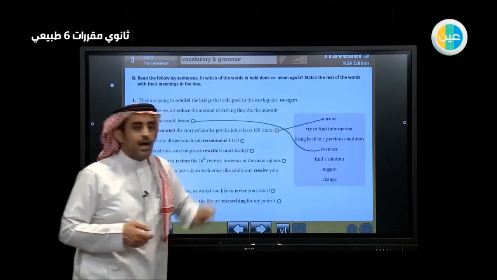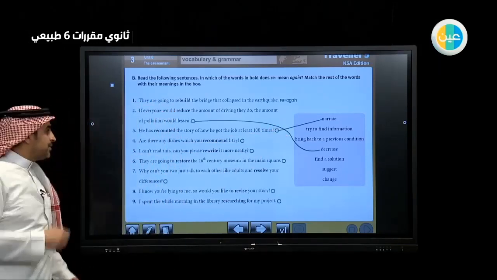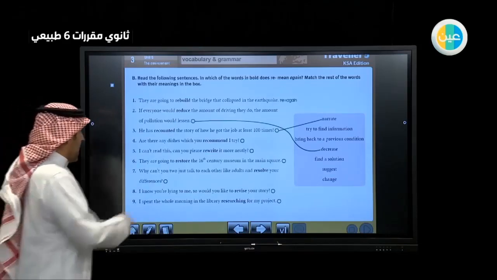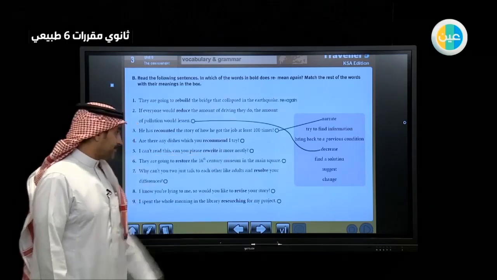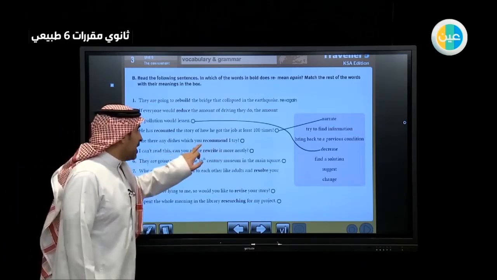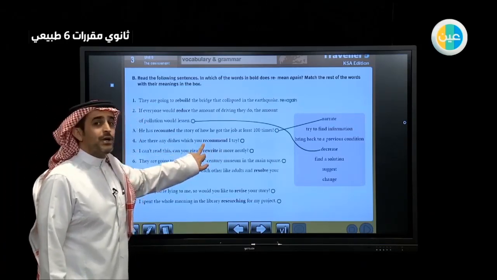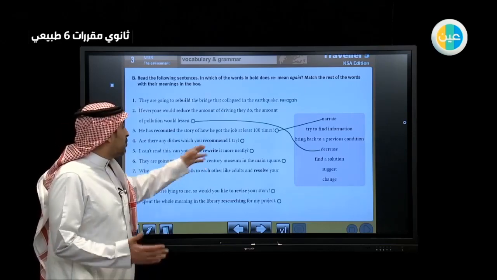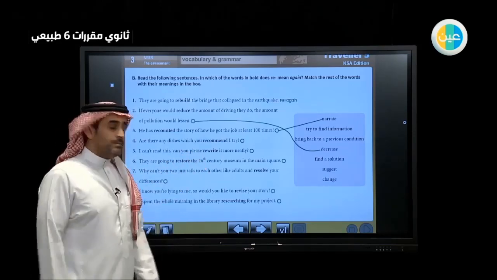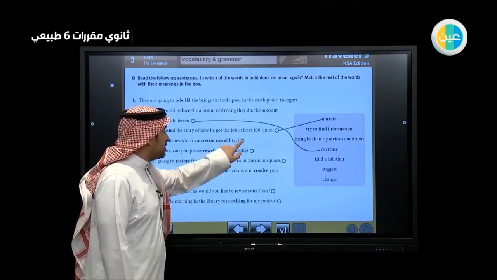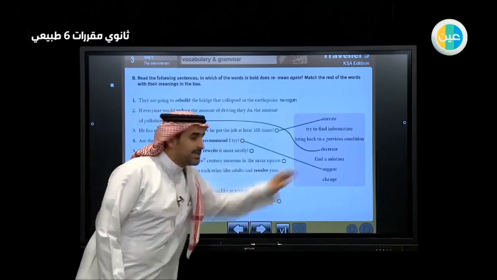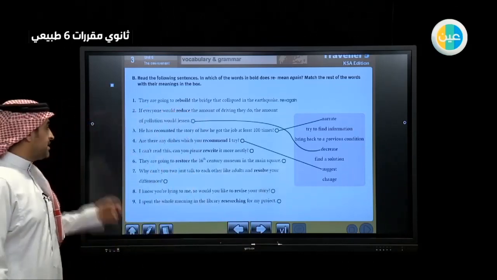It means narrate, tell the story many times. Number 4: are there any dishes which you recommend? Recommend: is re a prefix, or is it part of the word? It's not a prefix, it's part of the word, and it means suggest.